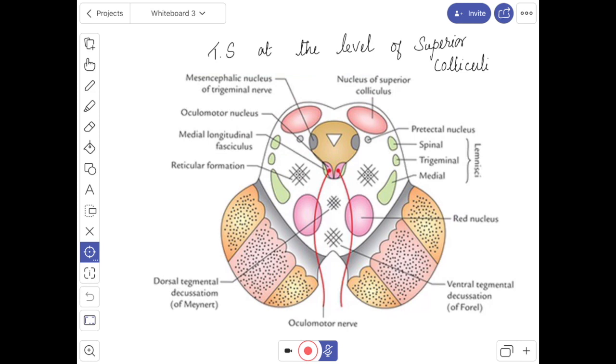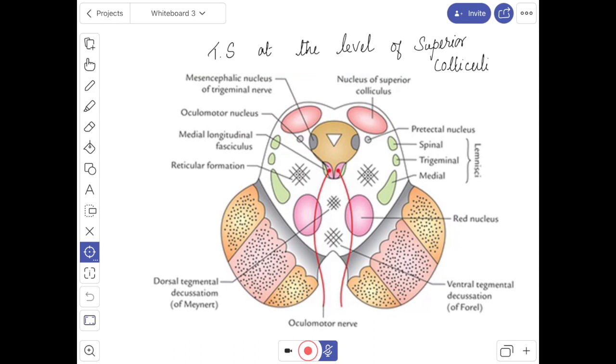The next grey matter we'll see at the level of the superior colliculus is the pretectal nucleus. The pretectal nucleus is a small group of neurons that lie deep to the supralateral part of the superior colliculus. It receives the afferent from the lateral root of the optic tract and gives efferent to the Edinger-Westphal nucleus.